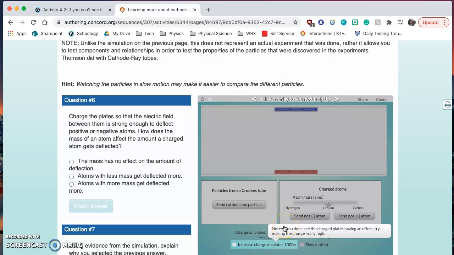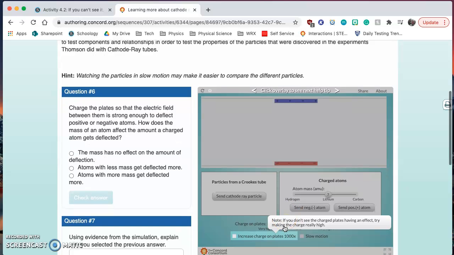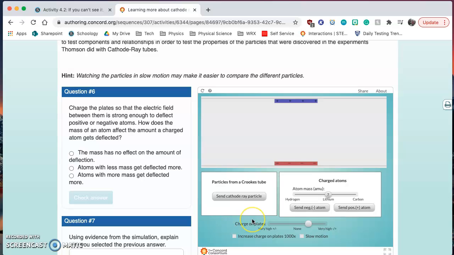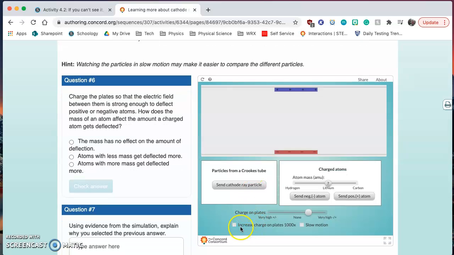This is more of a zoomed in approach. One thing I suggest checking here is selecting this magnifier at the bottom. So I have a particle here, and I can send that particle through, or I can send a couple different atoms.